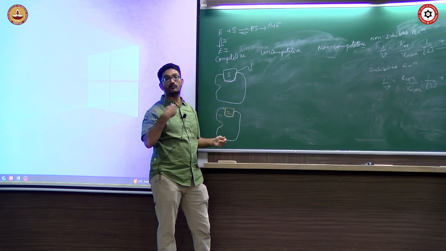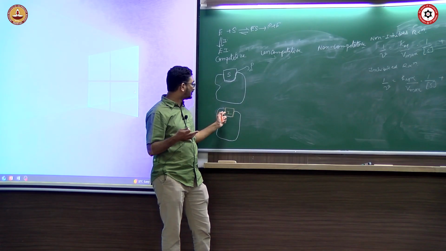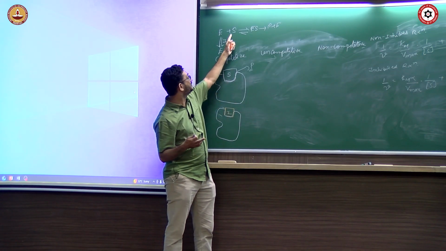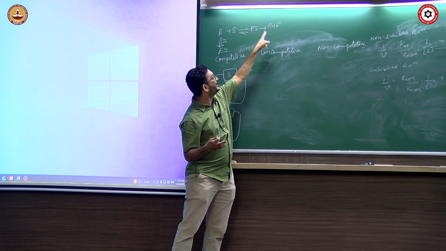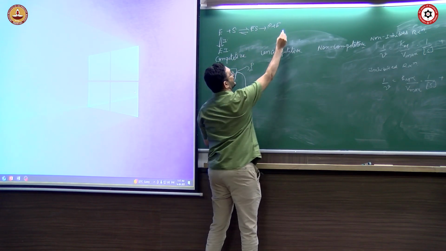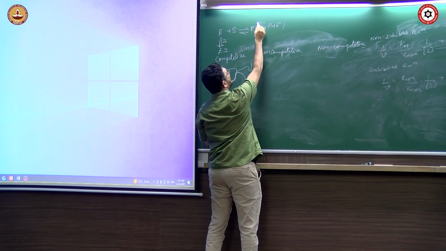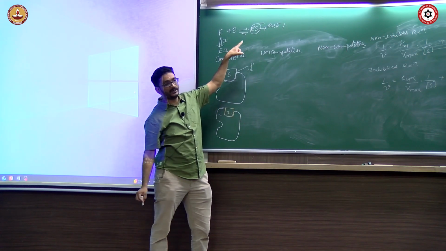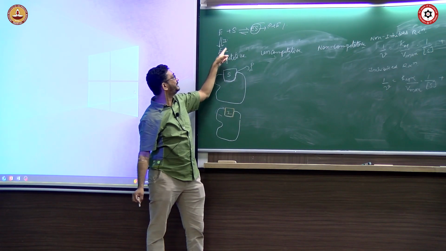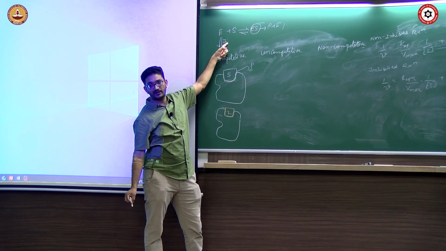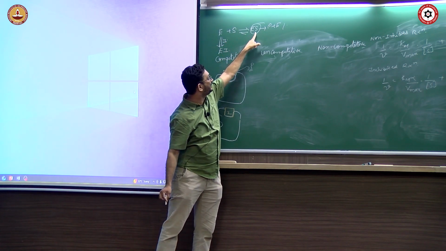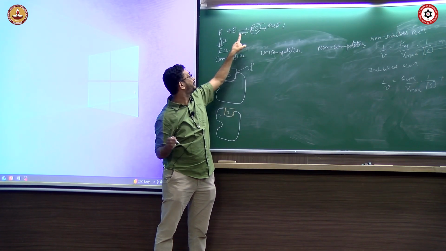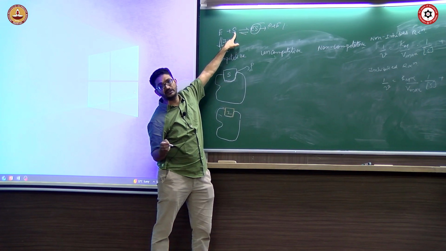Now if you have more substrate, then slowly it will go back to its original position. So your final Vmax is determined by what? Final Vmax is determined by the formation of ES, right? But forming the ES is becoming slow because the ES formation is being inhibited by the inhibitor. So your ES is still forming, but the rate of forming this ES has reduced because you have a new inhibitor that is competing with the substrate.